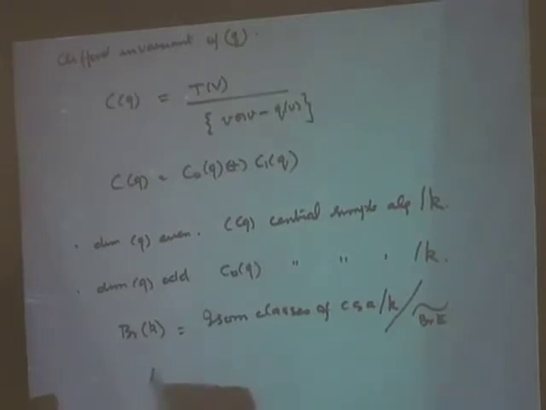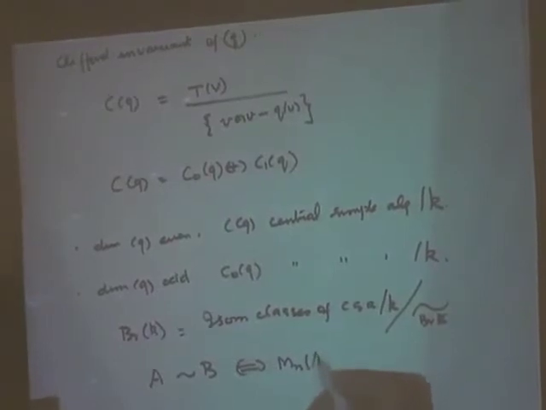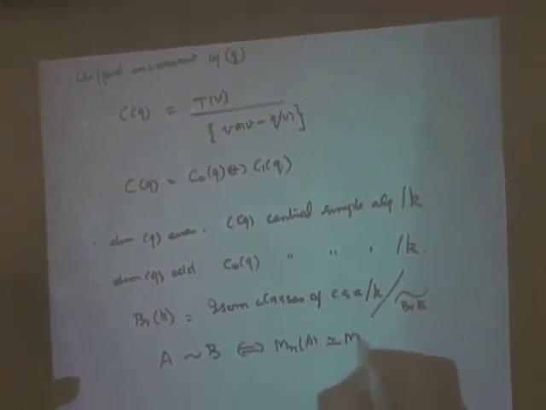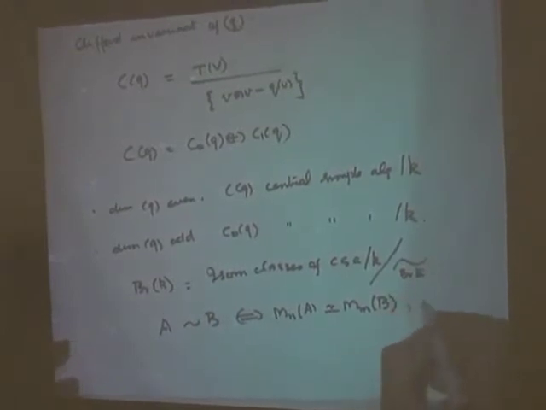A is Brauer equivalent to B if and only if, after tensoring with matrix algebras, they become isomorphic: M_n(A) is isomorphic to M_m(B) for integers n, m.